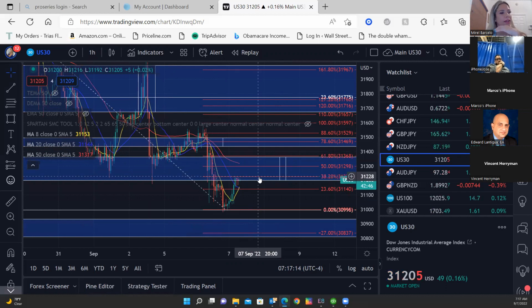So she's either going to get to here or most likely it's a 50%. 50% is usually a very good point to take a trade. 50 and 61. And if you notice, that fib falls exactly in the middle of the box that I marked, or right at the top, which is ideal. If she gets up here, that's an ideal place to take a trade from. Everybody following with me?